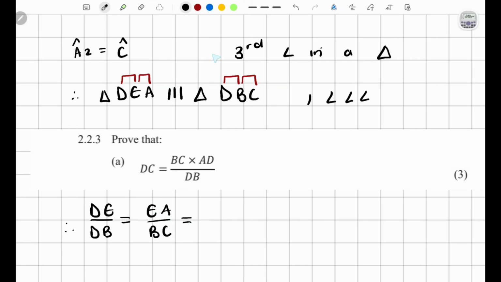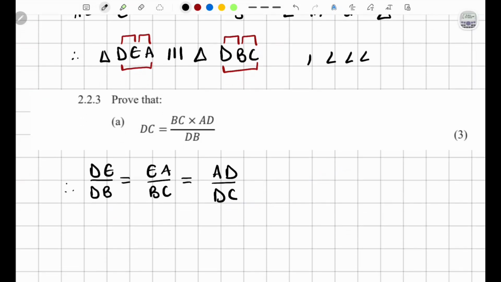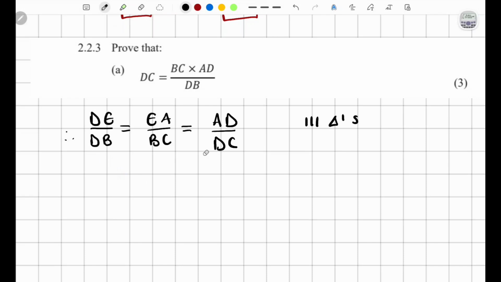And this should be equal to, lastly, the last two. So DA, or you could call that AD. So DA, but they called it AD here. So AD over DC, and they also have DC there. So these are the proportions because we have similar triangles. Those triangles are in proportion in this way.